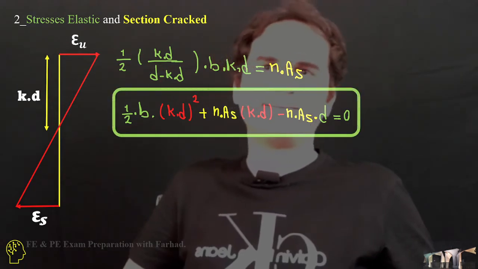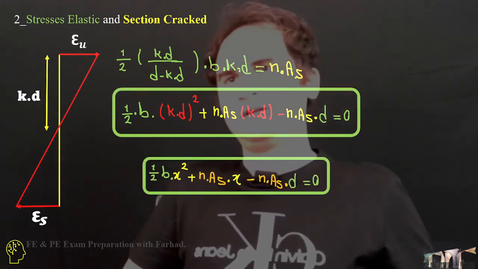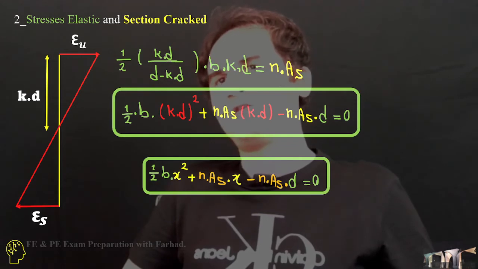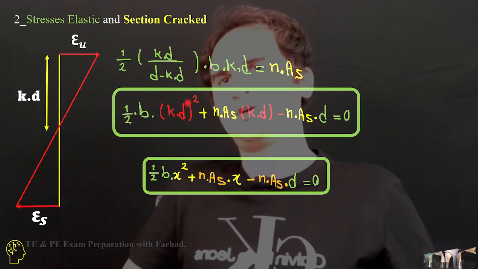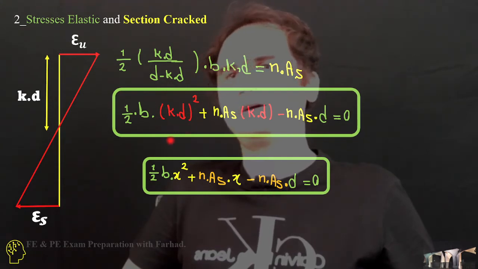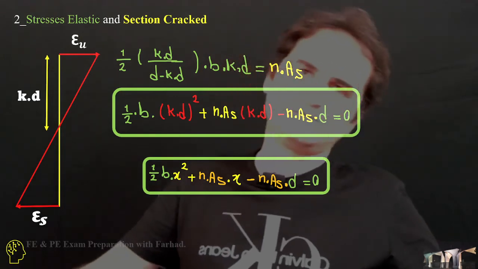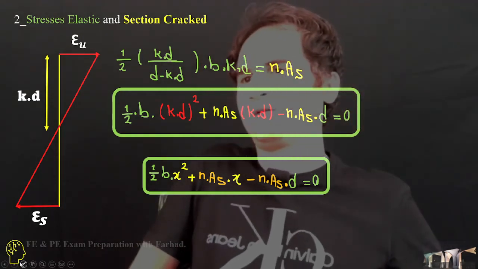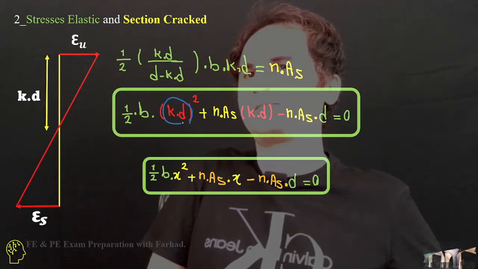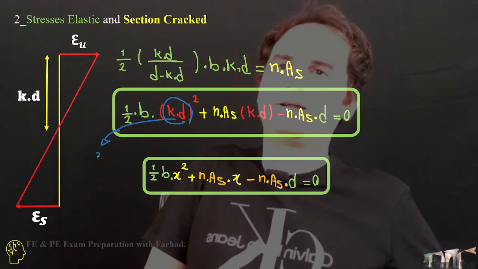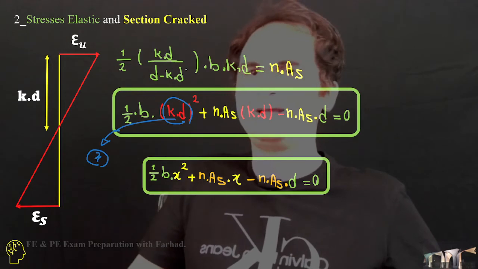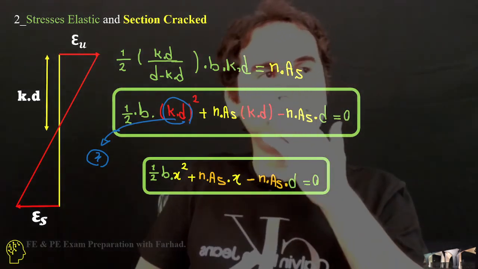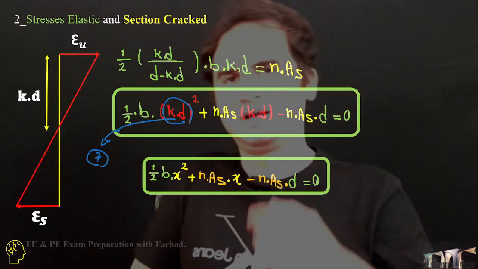To make it a bit clearer, that's a half of b x squared plus n times As times x, if we call this part kd, it turns to be all x here, so that's a half of b times x squared plus nAs times x minus n times As times d.